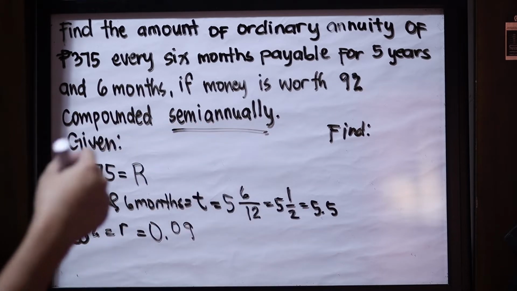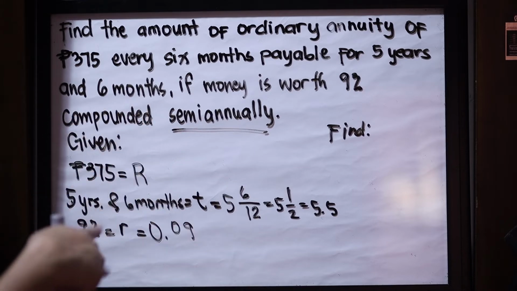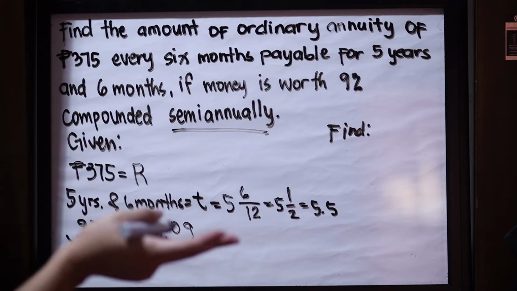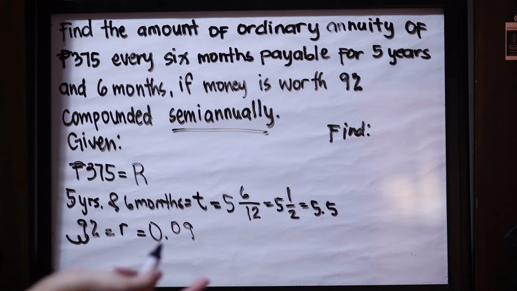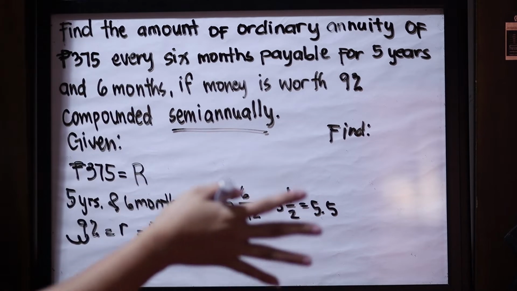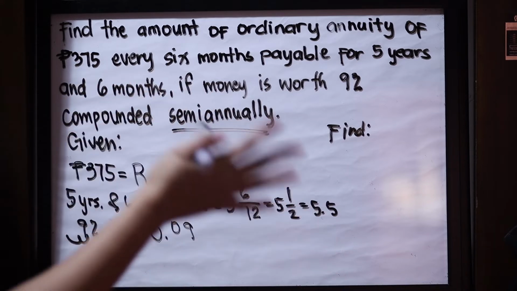Ngayon, pag nalilito, ano yung number equivalent sa semi-annually, you can refer to the table that I gave you last lesson ng compound interest. Pwede po yun. O kaya naman, isipin nyo na lang, pag semi-annually, dinidivide mo siya into 2, 'di ba? So kasi nga semi. So pagka semi, hahatiin mo siya equally.